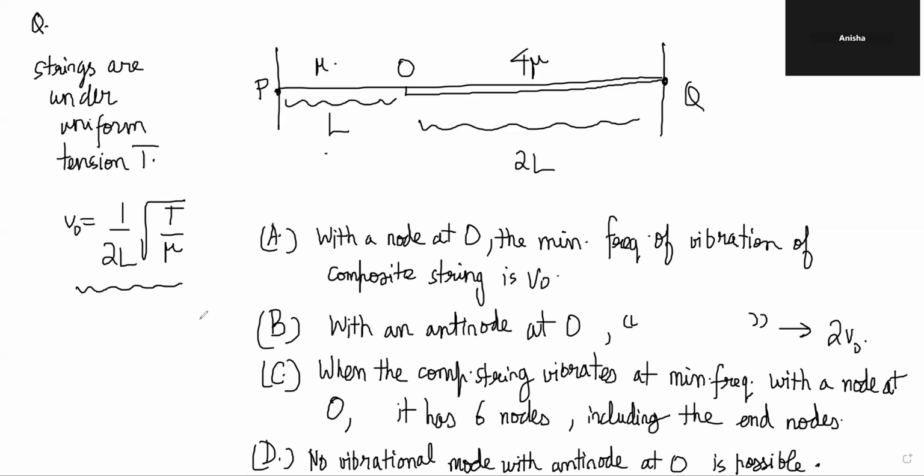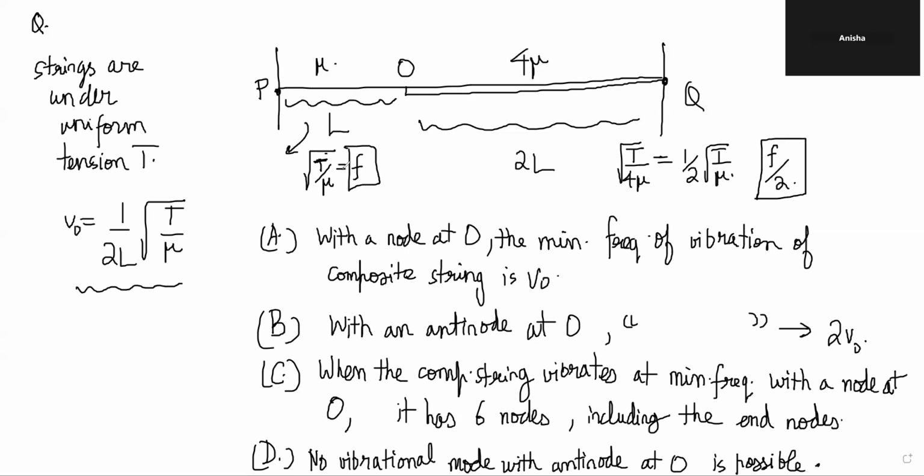So the fundamental frequency in this string is root over T by mu, right? And in this string it is root over T by 4 mu, which is half of root over T by mu. So if you call this f, the frequency in this string on its own would be f by 2. Sorry, velocity, not frequency. The velocity is v naught in one and v naught by 2 in the other.